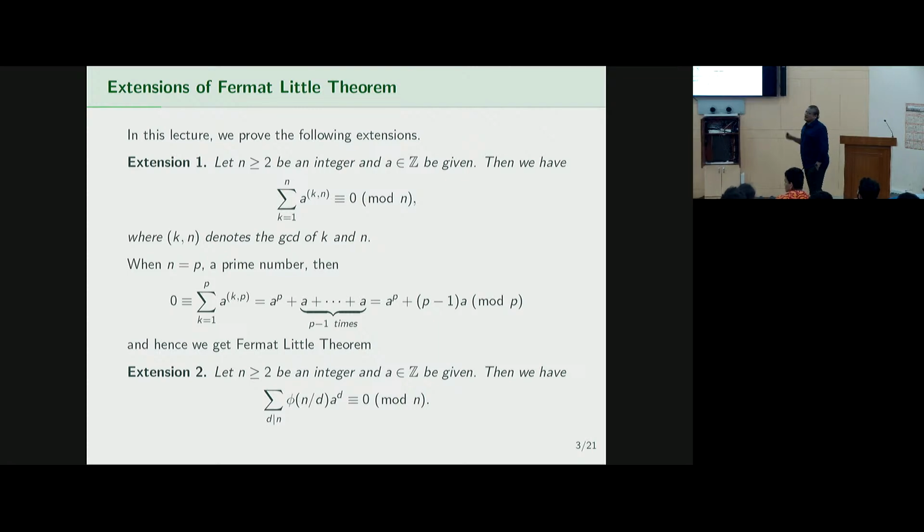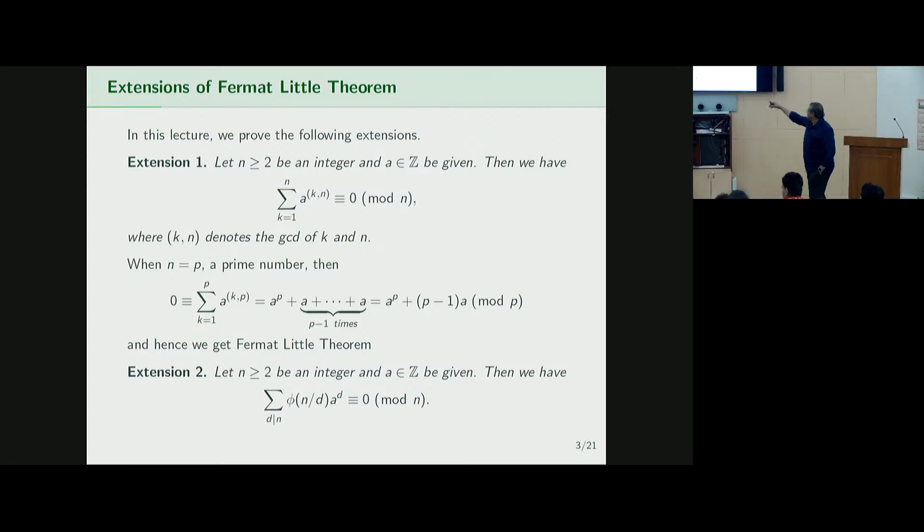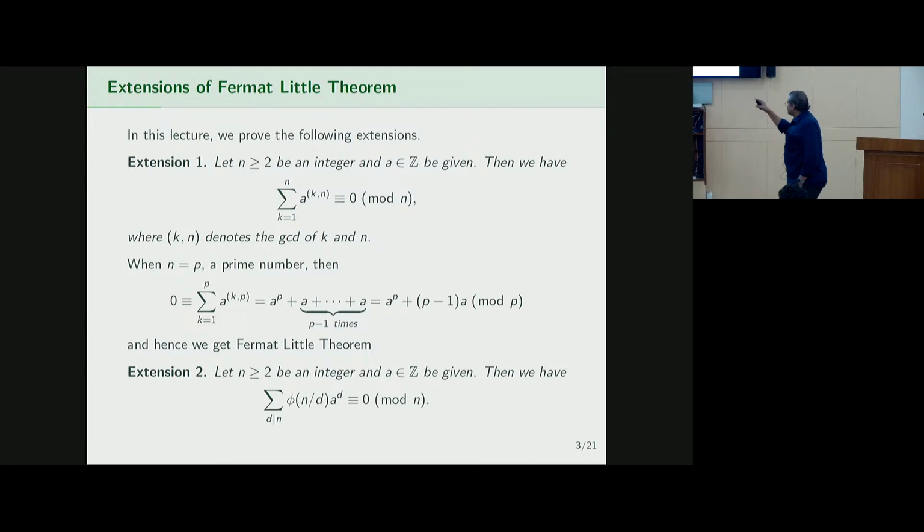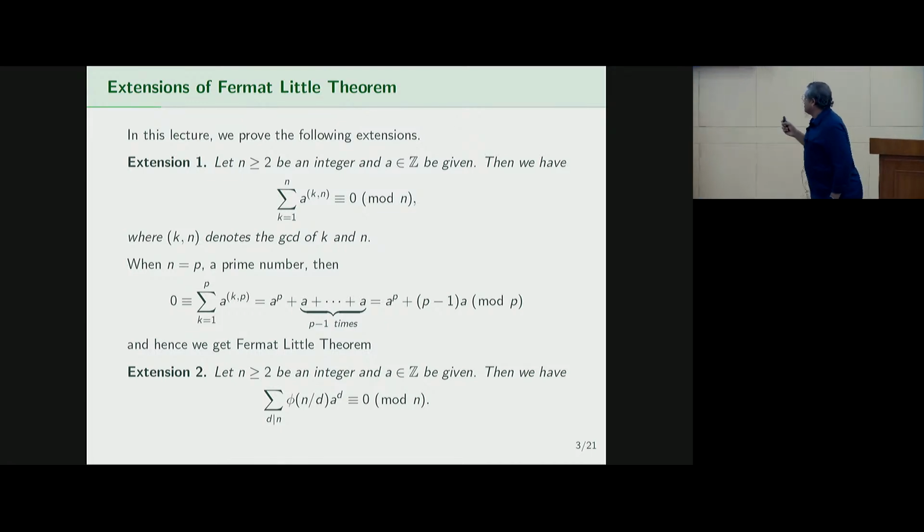Exactly φ(n/d) times. So the second extension is nothing but the first one, just a rearrangement. This sum, over d dividing n of φ(n/d) a^d, is congruent to 0 mod n. We will give this proof and then go to the third extension.